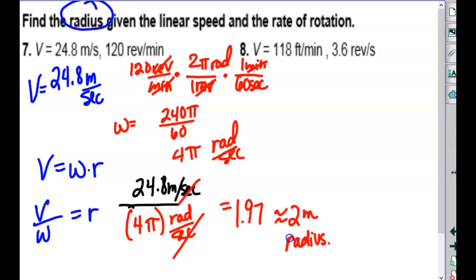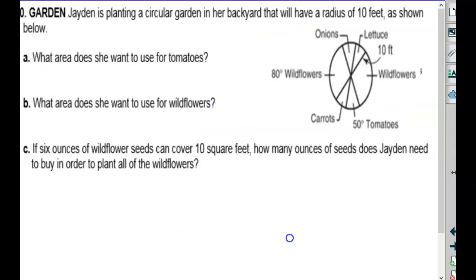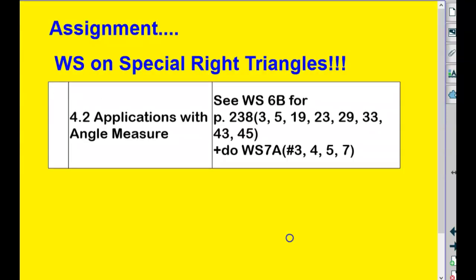Are we done at 30? All right. So what you need to be working on is finishing up the book page that's on page 6B, doing worksheet 6B and 7A.